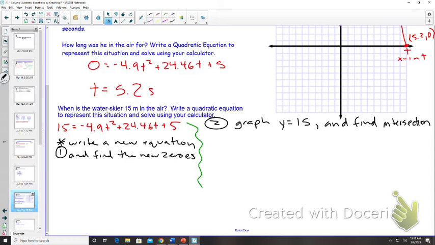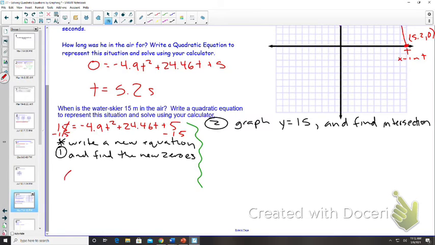Okay, so we'll just do strategy 1 first. 15 is equal to negative 4.9 t squared plus 24.46 t plus 5. Again, we just want to get this equal to 0, right? So how am I going to get this function equal to 0? Let's take the 15 away, so negative 15, negative 15.